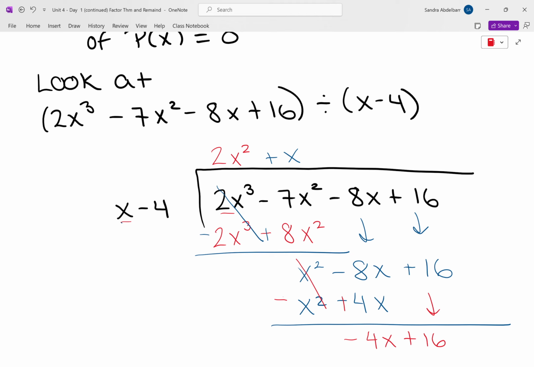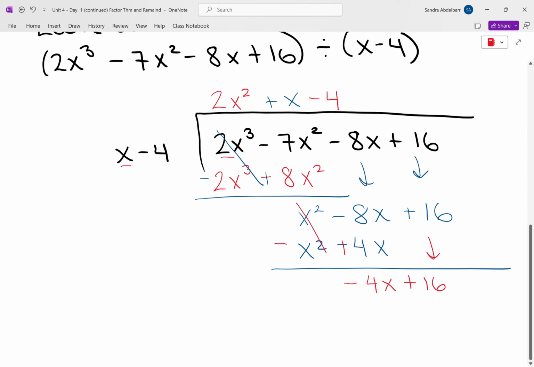Now you ask yourself, x times what gives us a negative 4x? x times negative 4. So negative 4 times x is a negative 4x, and negative 4 times negative 4 is a positive 16. Because we're subtracting, every sign needs to be made the opposite.